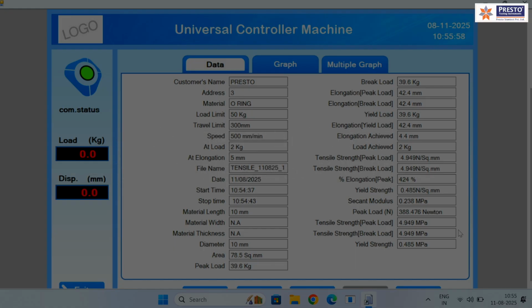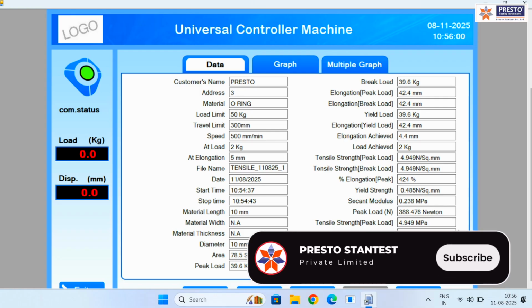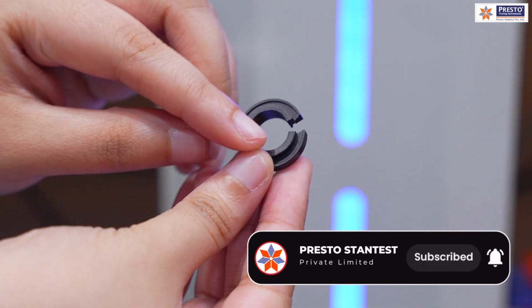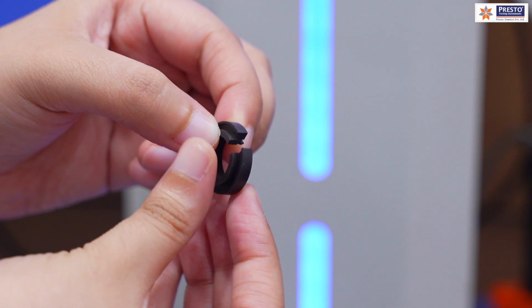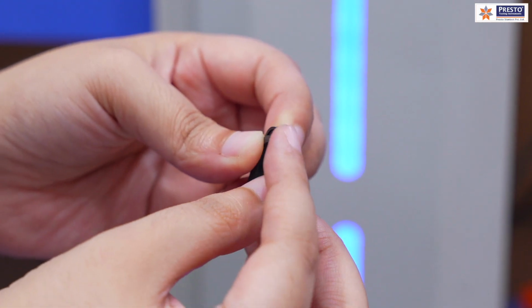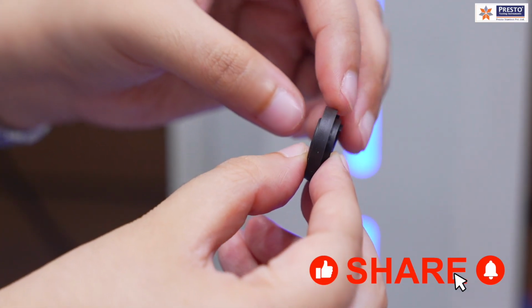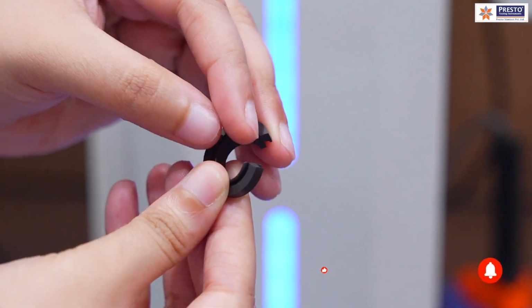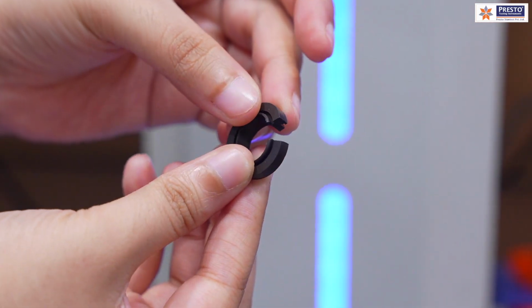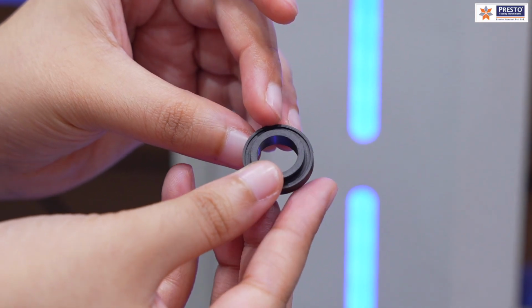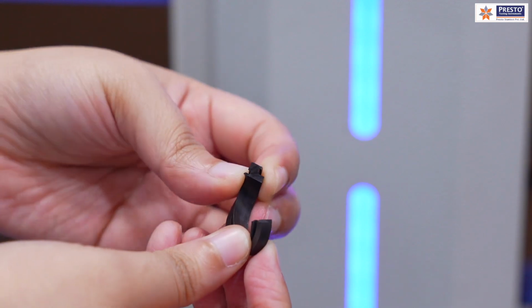For a circular sample, the cross-sectional area has to be taken. This diameter has to be multiplied with the cross-section, or you can call it the thickness, but not exactly thickness. It covers the overall thickness.